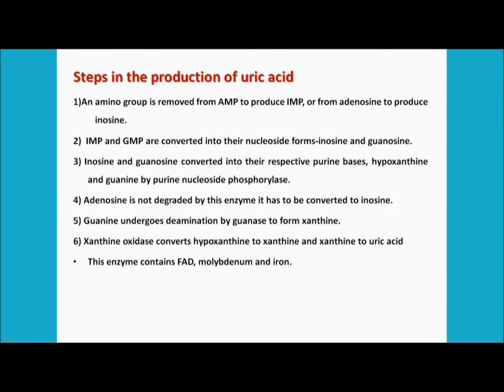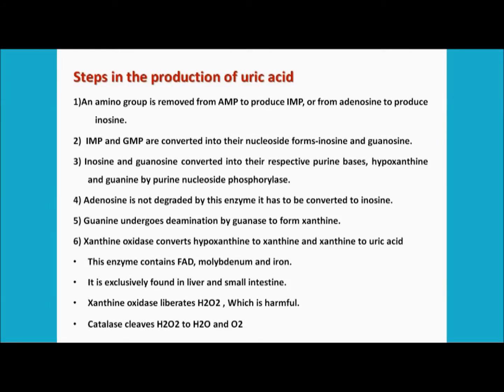This enzyme contains FAD, molybdenum and iron. Moreover, it is found exclusively in the liver as well as the small intestine. Xanthine oxidase liberates hydrogen peroxide, which we all know is harmful to our body. This peroxide gets converted into water and a molecule of oxygen.